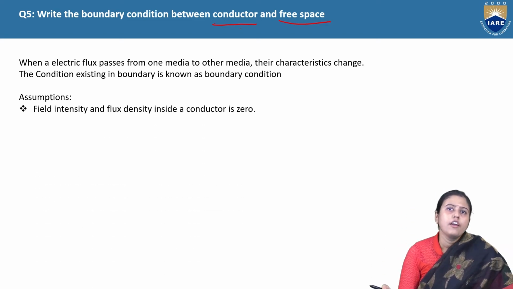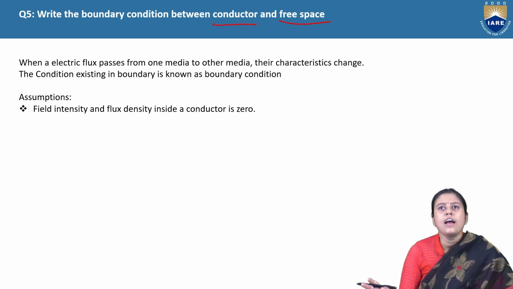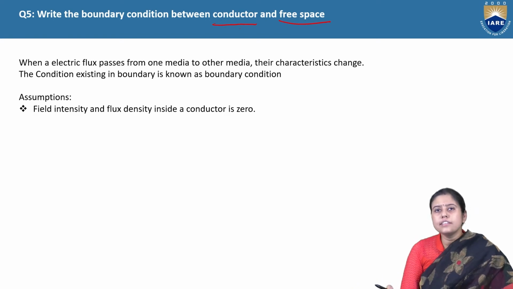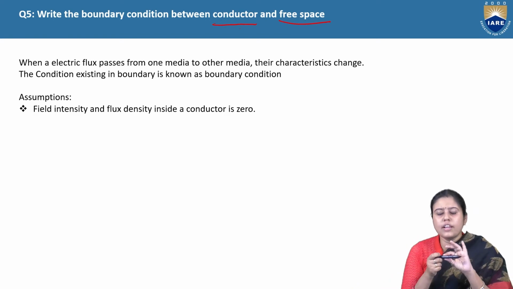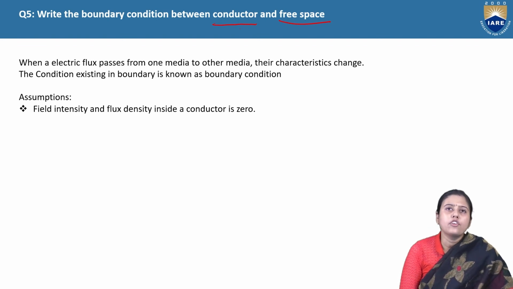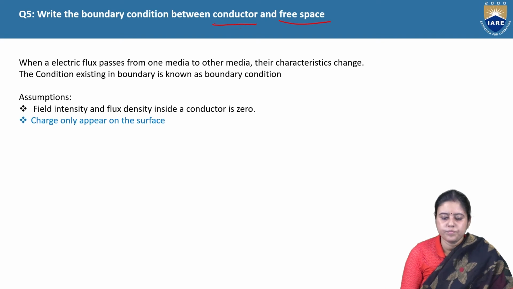First assumption: field intensity and flux density inside a conductor are 0. As the general tendency of charge is to lie on the outer surface of the conductor, we assume that field intensity and flux density inside a conductor are 0.